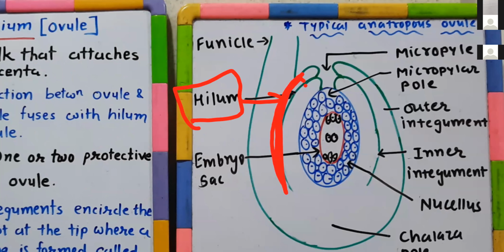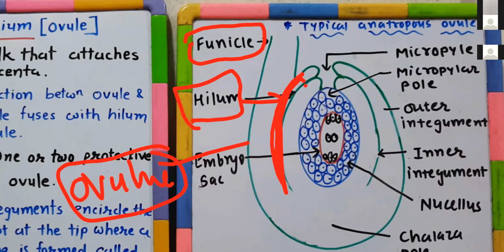The body of the ovule fuses with the funicle in the region that is called hilum. Hilum is that part on the surface of the ovule wherein this funicle remains attached to the ovule. That junction between ovule and funicle is represented as hilum.